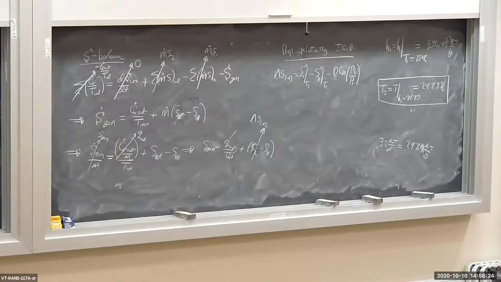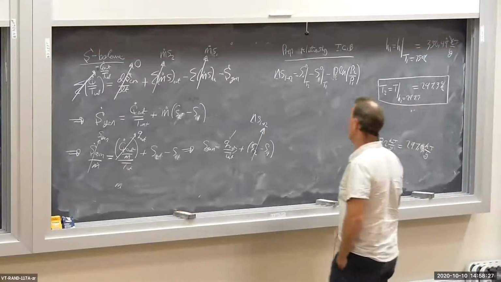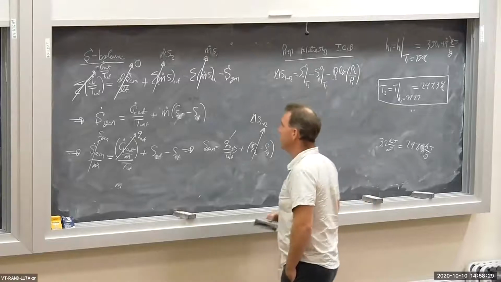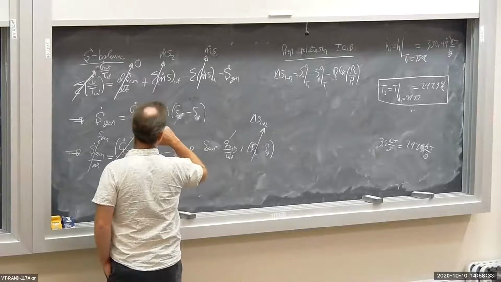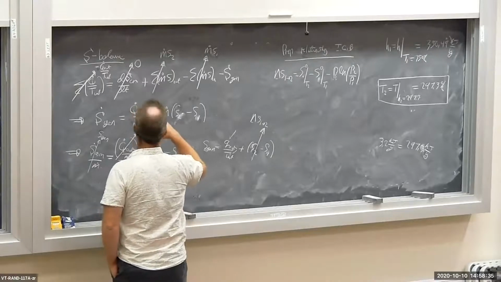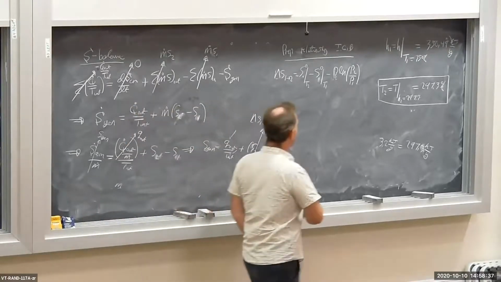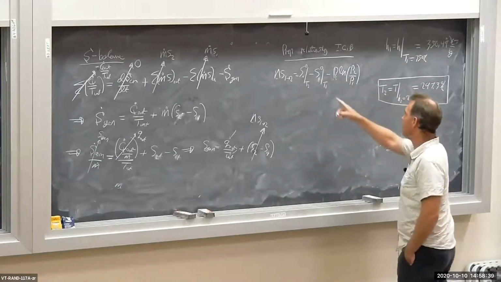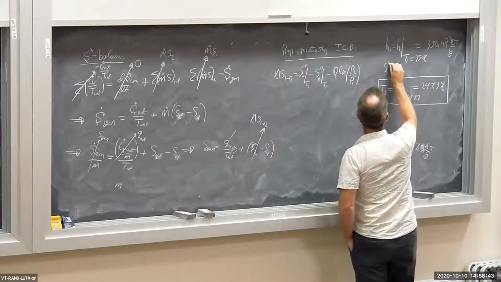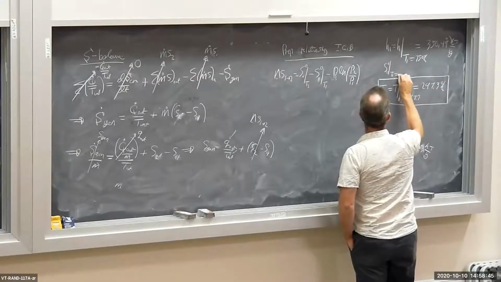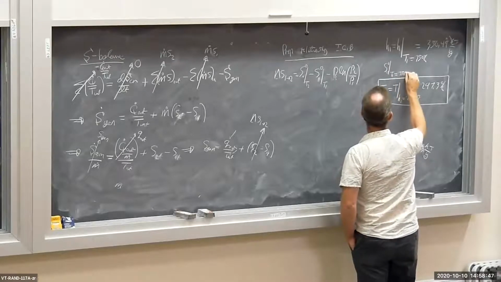Okay, let's crank some of this out. First of all, let's find S naught at T1, which is 350 degrees Kelvin.